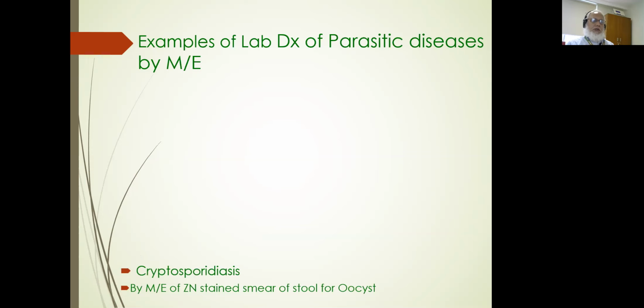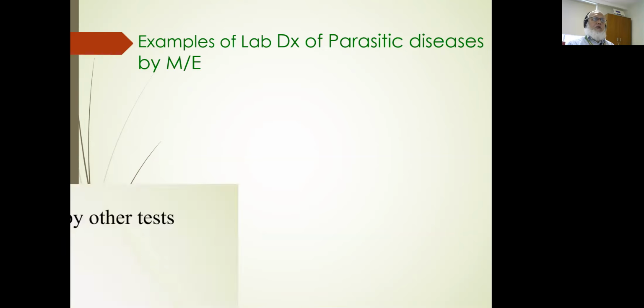Cryptosporidiasis is a little bit difficult to diagnose, but still can be diagnosed by microscopy of modified Ziehl-Neelsen stained smear of stool and finding the oocyst. So we have seen all the protozoal diseases diagnosed by microscopy.